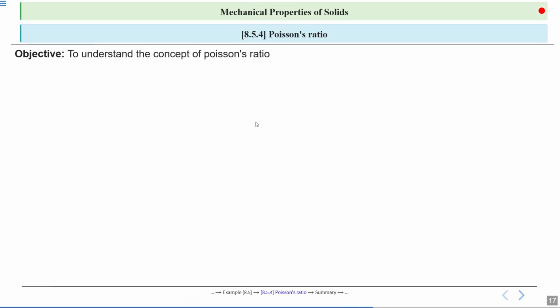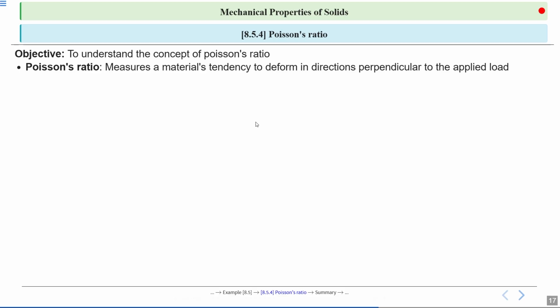Now Poisson's ratio. Let's define Poisson's ratio. It measures a material's tendency to deform in directions that are perpendicular to the direction of the applied force. For example, if you stretch a rubber band, it not only gets longer but also becomes thinner.